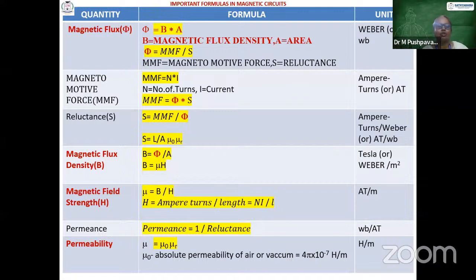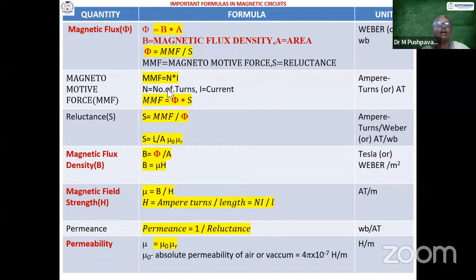The next one is magnetomotive force, MMF. We can easily relate it with the electric circuit, V equal to IR. Similarly, MMF is like voltage, EMF, electromotive force, which equals current into resistance.